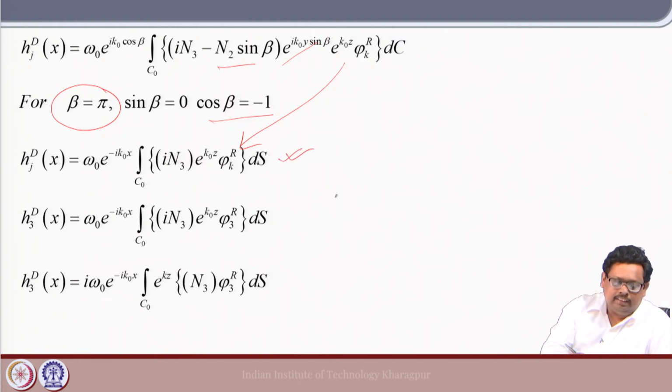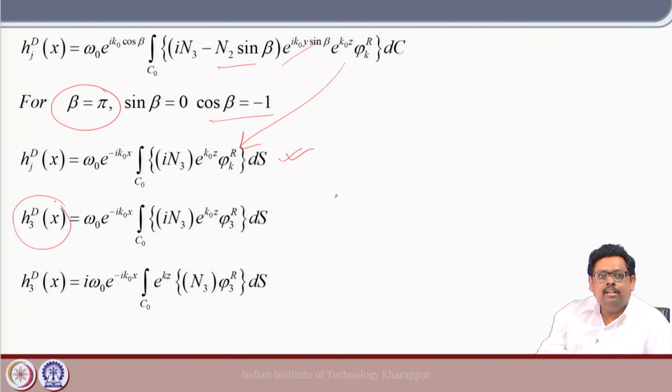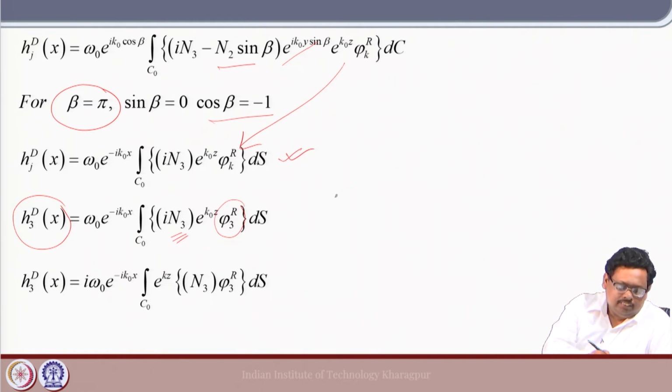Now again from here we do not have to do anything. In case of heave, we just see that we have to solve for phi 3, and then we have the multiplication of n 3. If I rearrange this further, we can see that h 3 x equals i into omega 0 e to the power minus i k x and then e to the power k z.